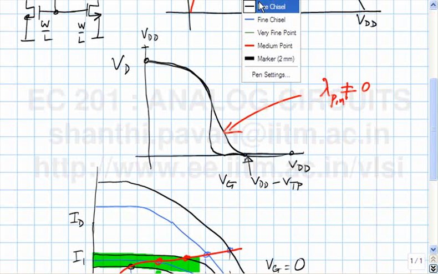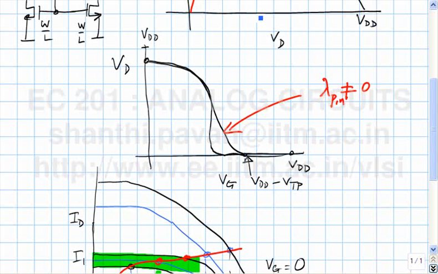So this corresponds to lambda p and lambda n being equal to 0. Okay, where the slope here, it's a vertical cliff.